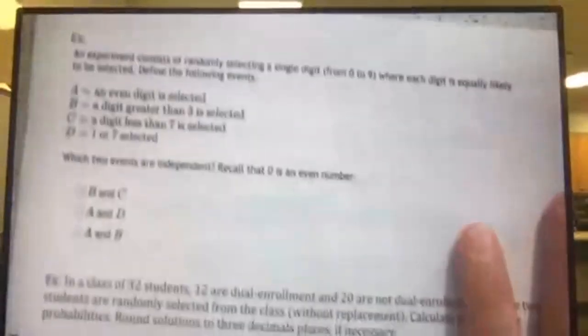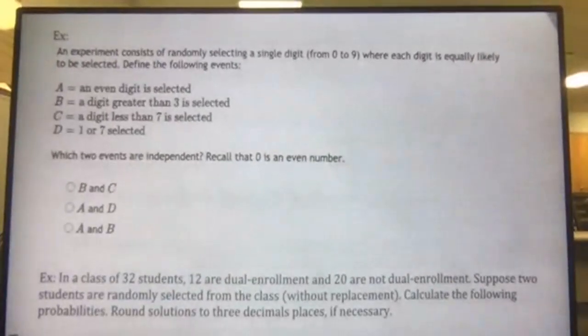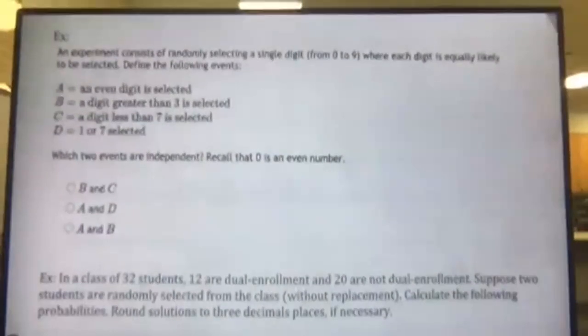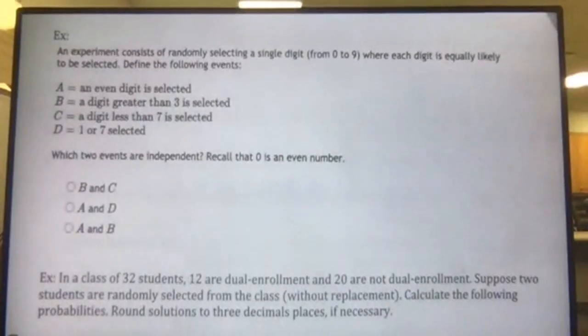All right, so on the next page. For this one, I wish there was an easier way. We're gonna do it. It says an experiment consists of randomly selecting a single digit, so from 0 to 9, where each digit is equally likely to be selected.